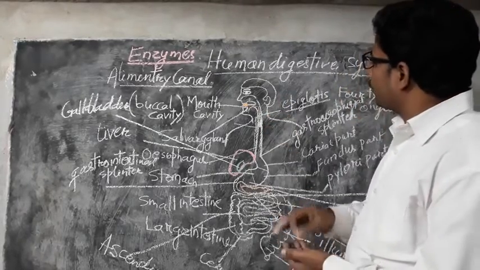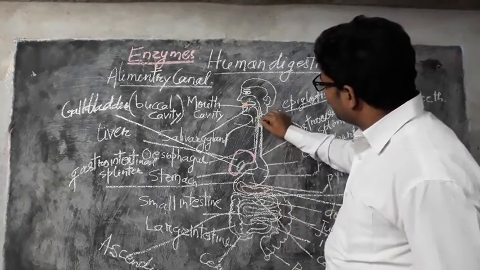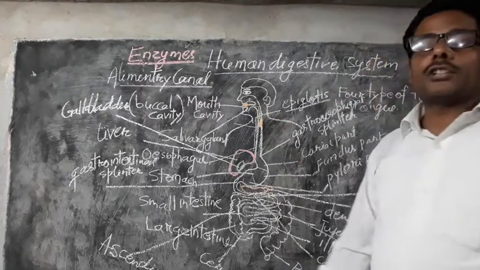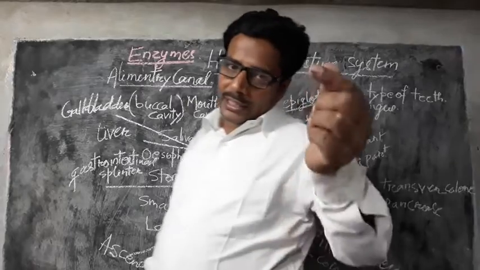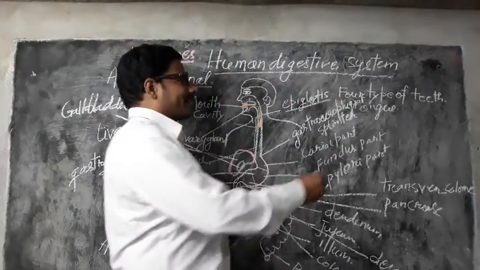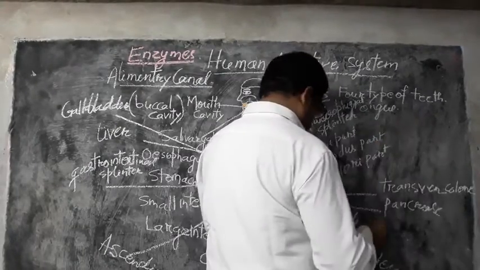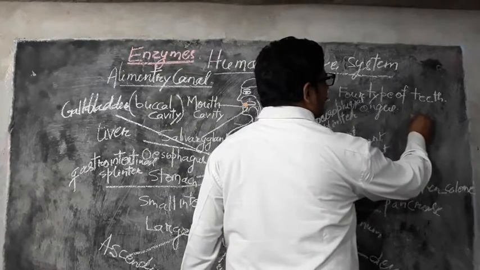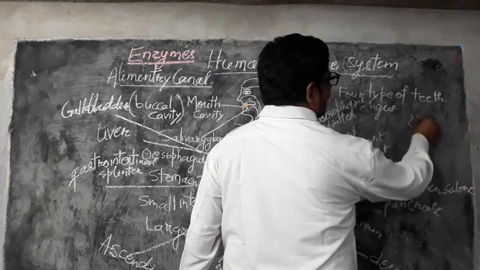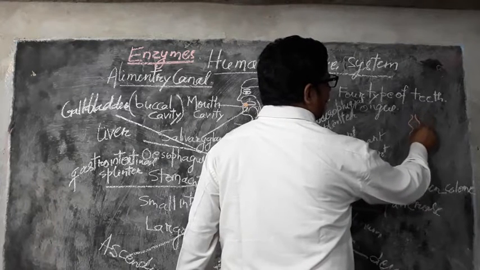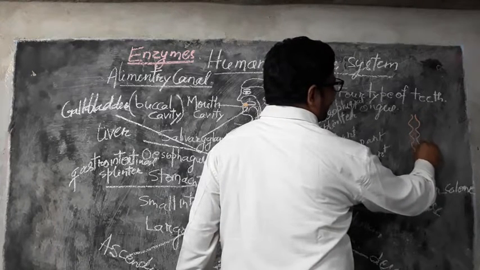This tube is called the esophagus. The esophagus has inner linings. These are very soft and delicate, and they swell up where the food reaches.